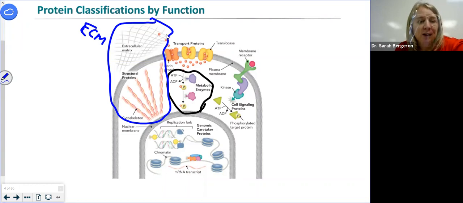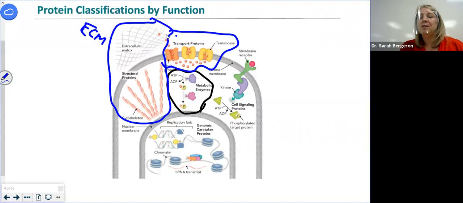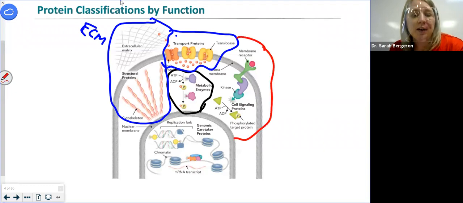Number three. Transport proteins. So here are transport proteins that span the membrane, that allow for things to come into and out of the cell, right? Then we said we had signaling. So here's our signaling, right? Cell signaling proteins.